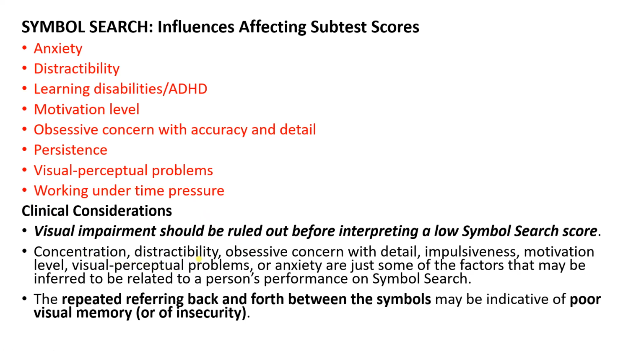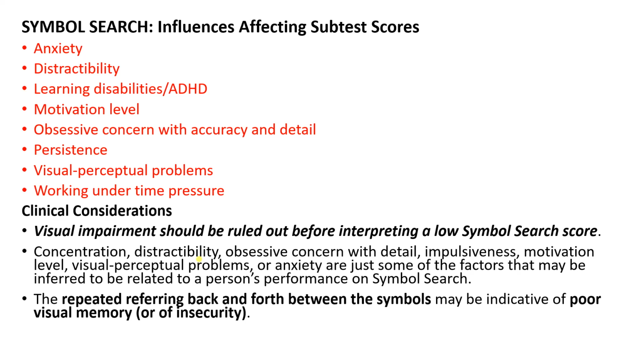Another thing is that this is again qualitative analysis. If you are observing during the test performance that the participant is repeatedly referring back and forth between the target symbols and the search symbols, this may indicate poor visual memory. Or the other interpretation is also likely, so we will have to be very cautious in making this interpretation.